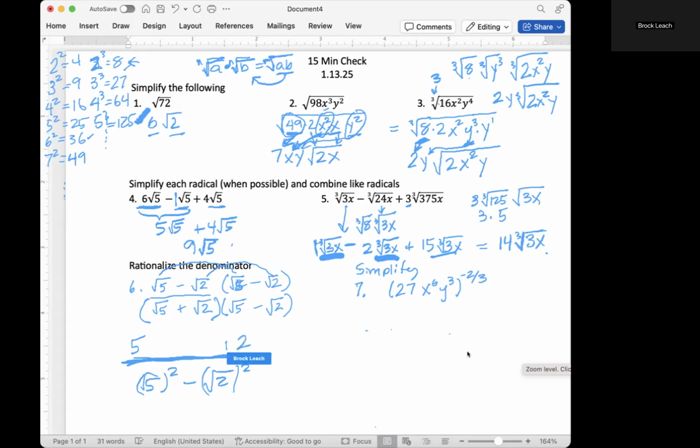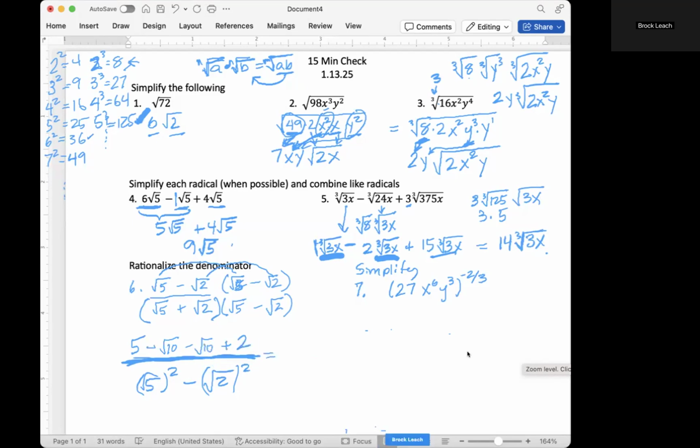Negative times negative makes it positive. And then with my inners and outers, we have negative root 10 and negative root 10. So that's minus root 10 minus root 10.